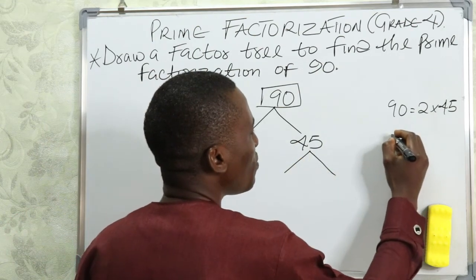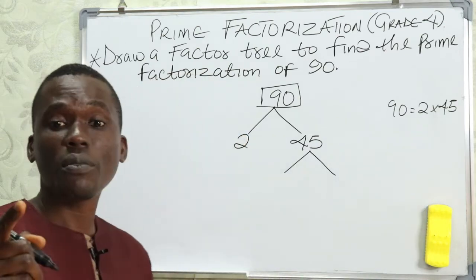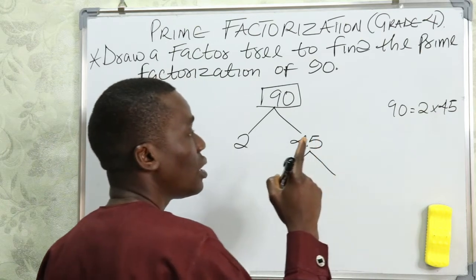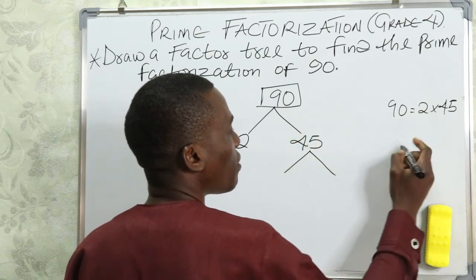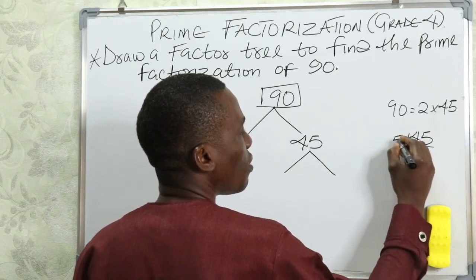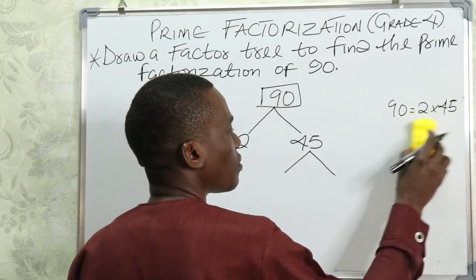So 45 divided by 5 will give us what? That will give us 9. We'll have 5 and 9.